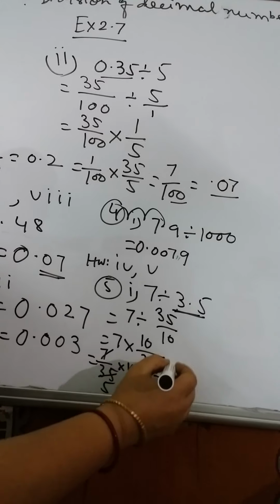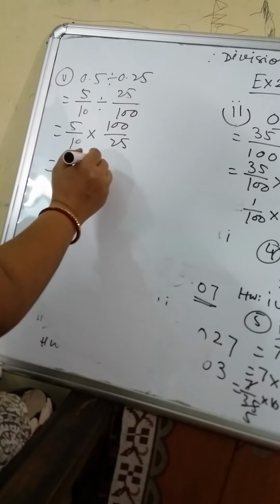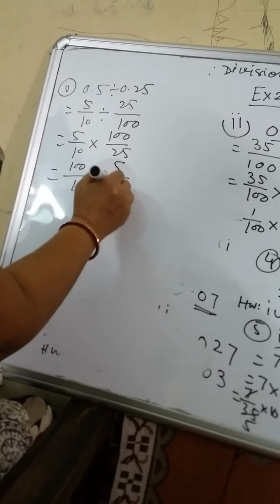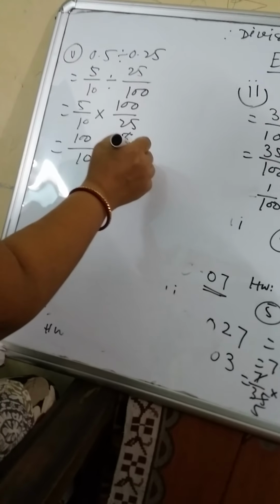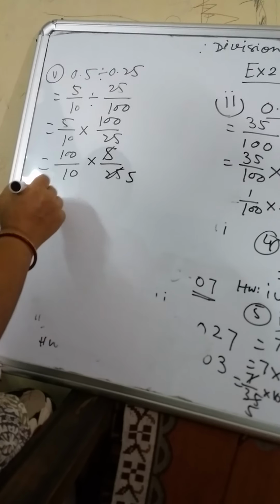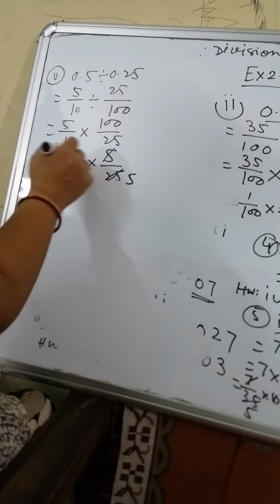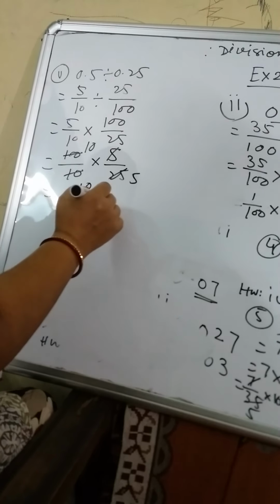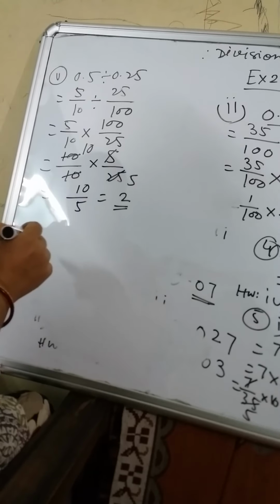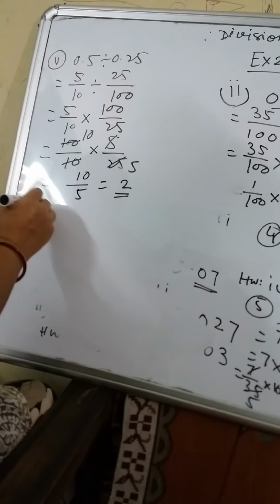So you will write the multiples of 10 together, and this together. That will make your calculation easy. 100 divided by 10 is 10. So it is 10 by 5. It is 2.